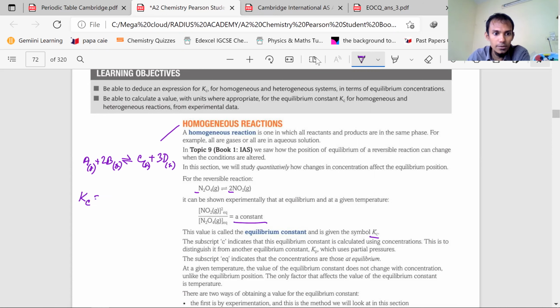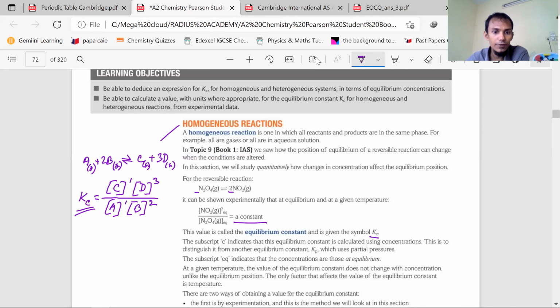Kc will be concentration of C to its power 1, you don't need to write it, times D cubed, divided by concentration of A to the power 1, times B squared. So whatever the number of reactants and products, if the state symbols are same, that will be the Kc expression.